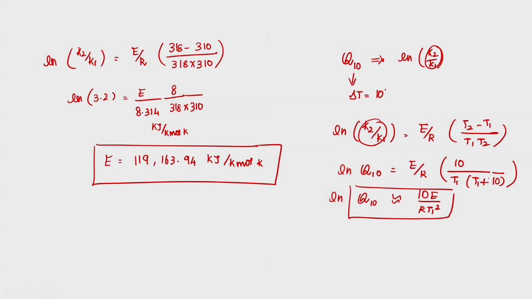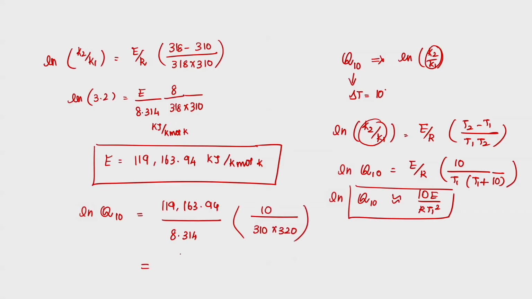So, now we are going to calculate as per the normal formula Q10. I have already calculated my energy 163.94. My R is 3.14. What is my T1? T1 is nothing but 310 into 320.